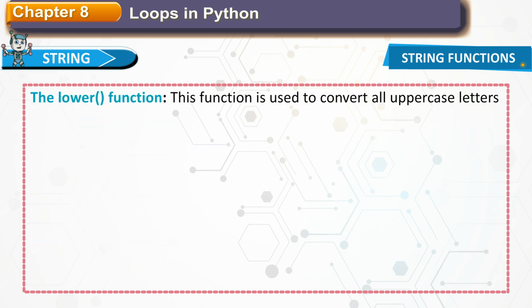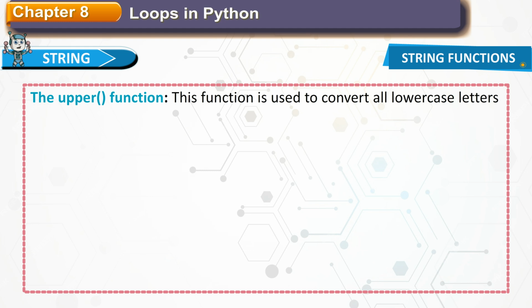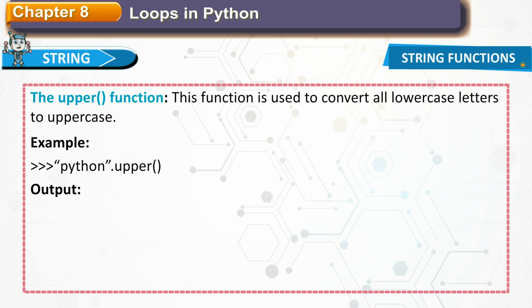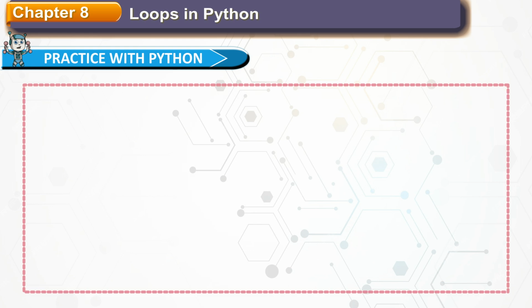This function is used to convert all uppercase letters to lowercase. Example: "Python".lower(). Output: python. The upper function. This function is used to convert all lowercase letters to uppercase. Example: "Python".upper(). Output: PYTHON.